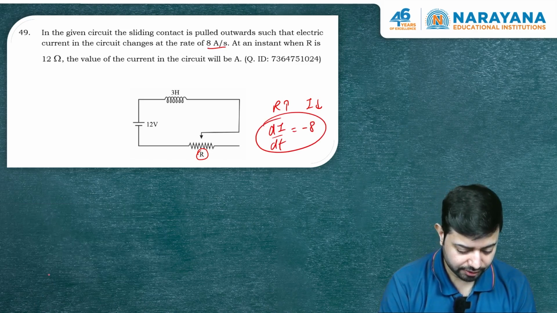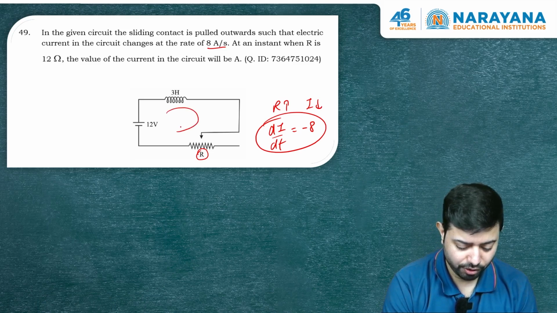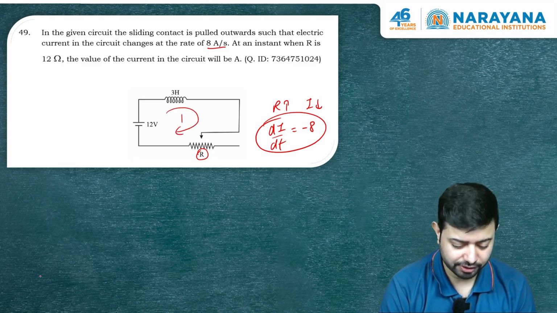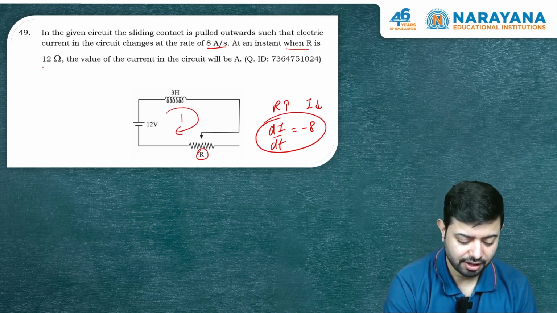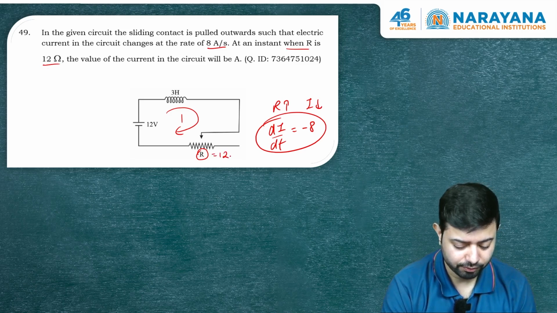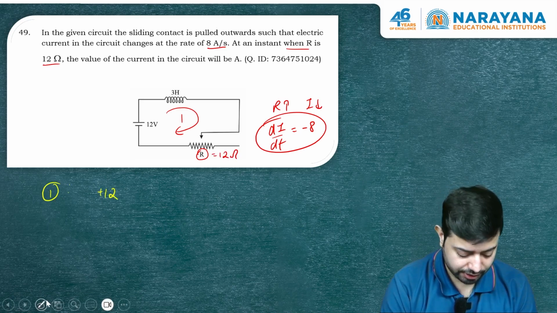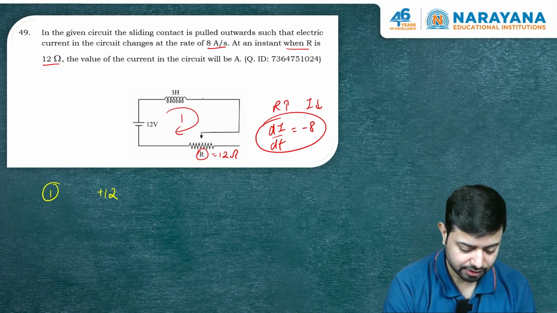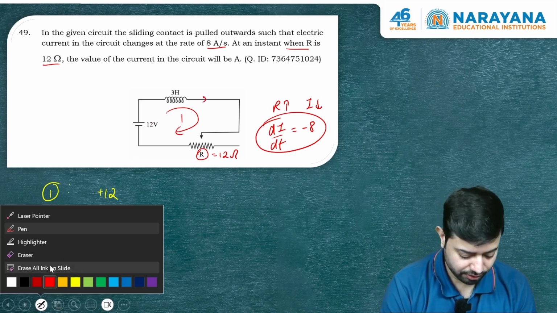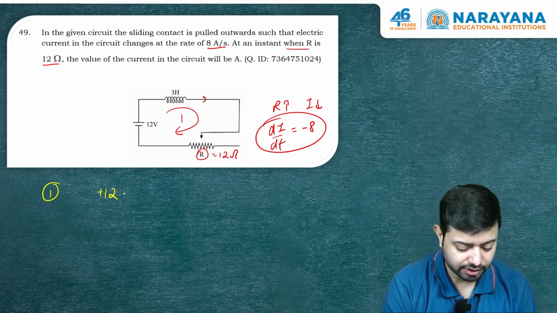Have a look at here. You can apply the loop law in this particular loop, which is 1, right. They are saying at an instant the R value is given as 12 ohm, right. So now if you apply the loop law over here in first loop, what you will write down? Plus 12, and you will assume the direction of current like this. Then what you will write down? You will write down as minus L di by dt.